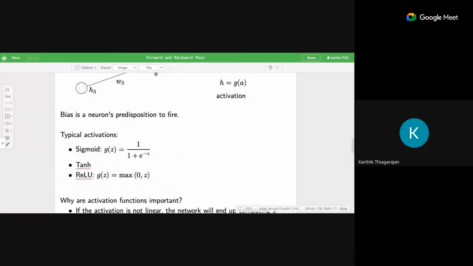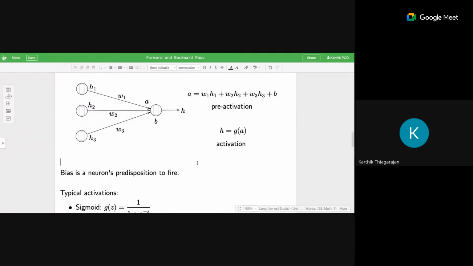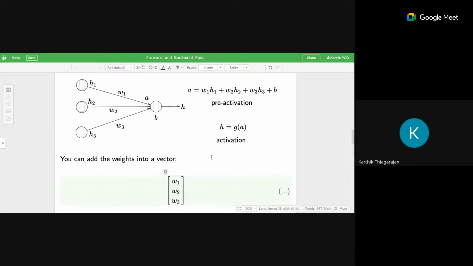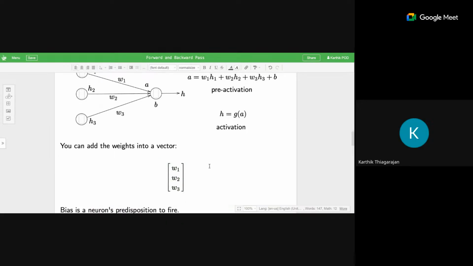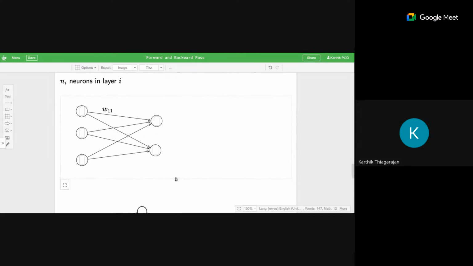Here it was a vector, right? So W1, W2, W3, you can add the weights into a vector, and that vector would be of this form, W1, W2, W3. If you're just looking at one neuron, but if you have multiple neurons across two layers, what will this quantity become? Matrices. Yeah, it will become a matrix, right?